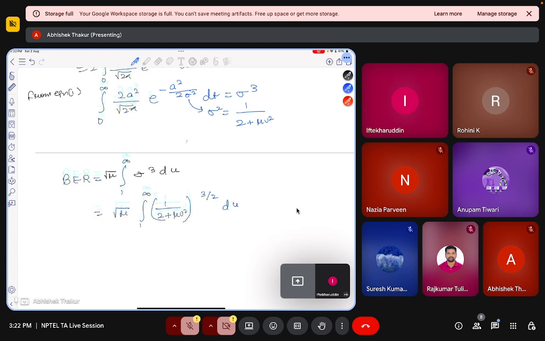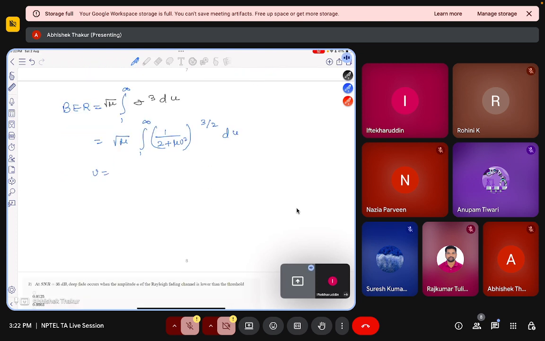Now we can take u equal to square root of 2 mu tan theta, and then we can do this integral. When you substitute this and do the integral, I am not doing the complete integration, you will get something like sine theta by 2, and the interval of theta is from tan inverse mu by 2 to pi by 2.